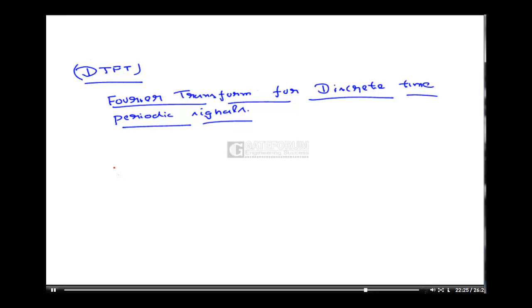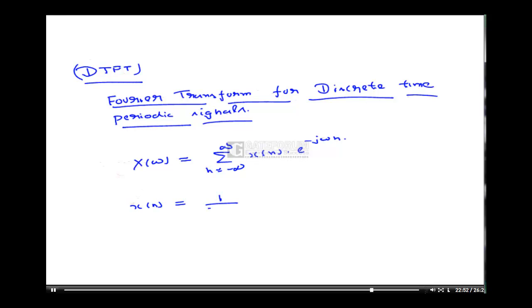Directly writing the synthesis and analysis equation for this: X of omega is the analysis equation.